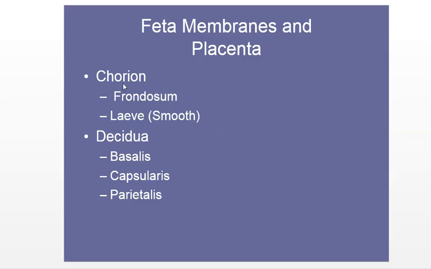In conclusion, you can see that the chorion has the chorion frondosum and the leaf or smooth chorion. Only the frondosum takes part in the formation of the placenta, and the decidua is divided into 3 parts, but only the decidua basalis takes part in the formation of the placenta.